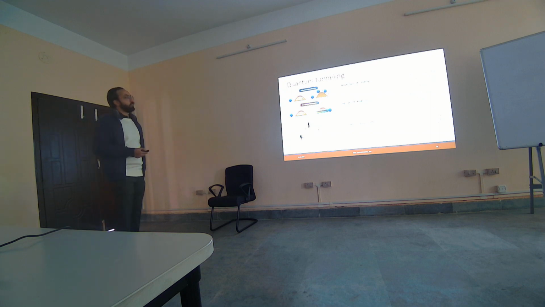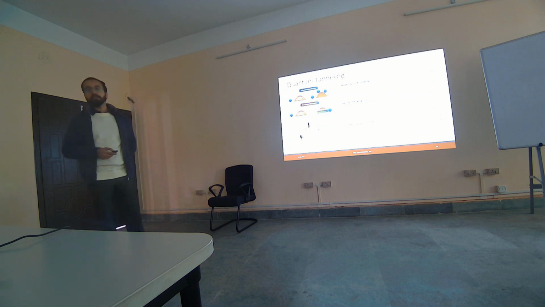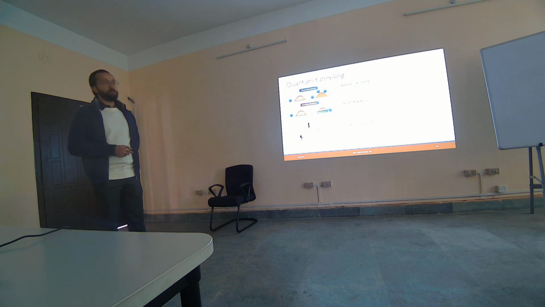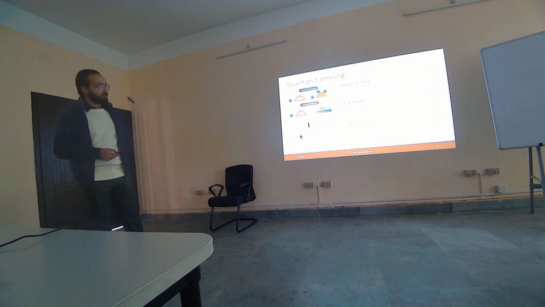You can also think of it like this: there is a barrier, and it cannot go through in a classical sense. In a classical world, it has to go above it. In a quantum world, it can tunnel through. There is a very small probability, but there is a probability. In a classical sense, there is no probability of it going through.